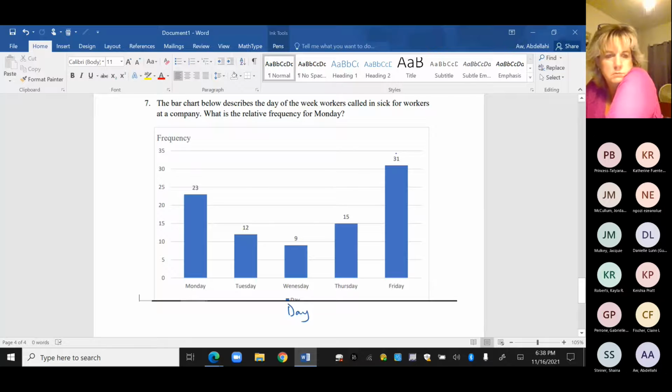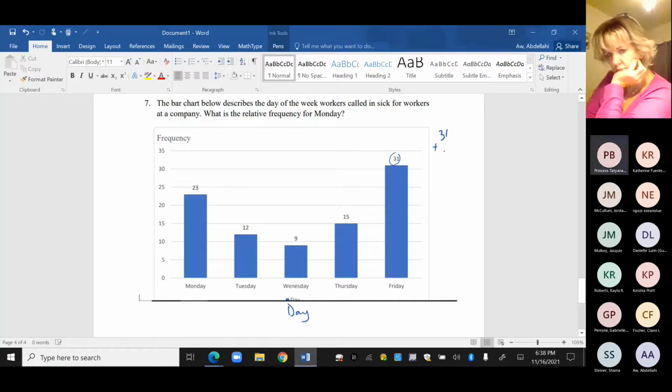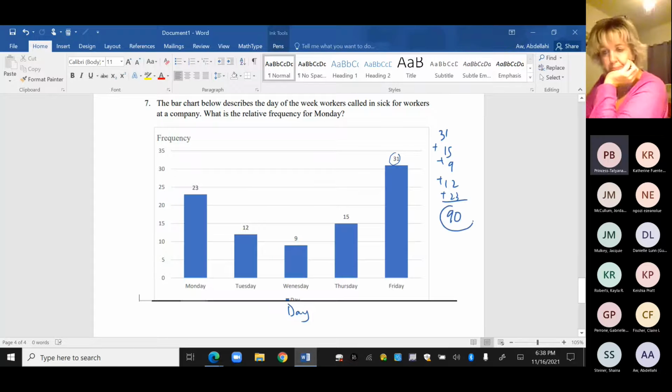They say this is 31. If they didn't write 31 here, then we would have to estimate, okay, this looks like 31, etc. So we have to add up all of them: 31 plus 15 plus 9 plus 12 plus 23. And you got 90, right? Yes, we have 90 workers.